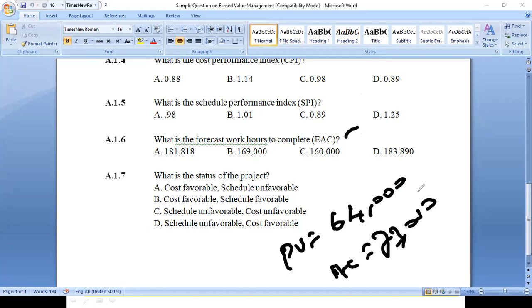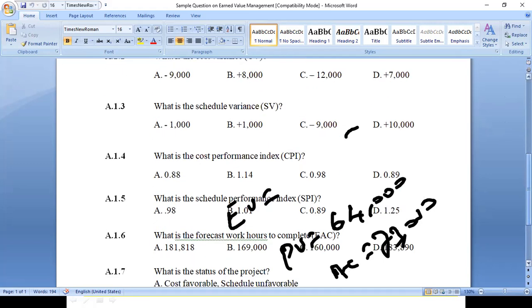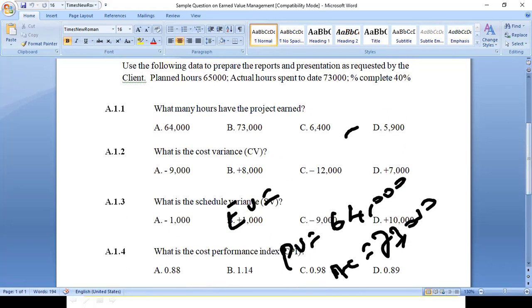And what was our earned value? 40% of work is completed from 150,000, right? So what was your earned value? Sorry, 64,000 is your earned value.